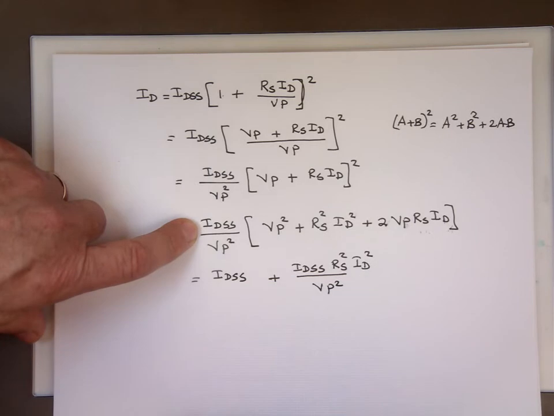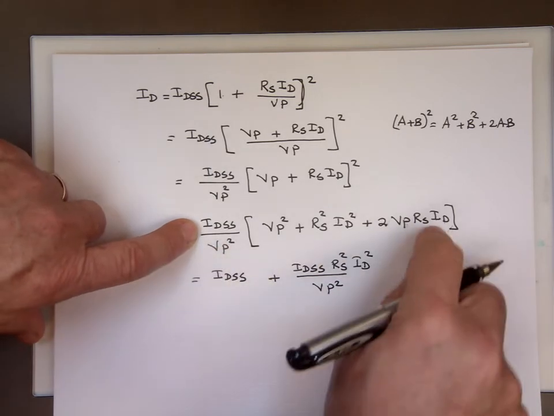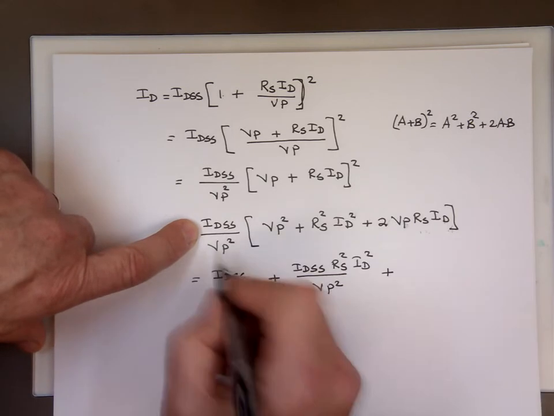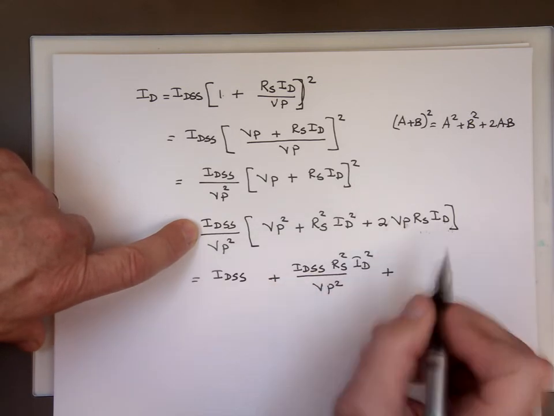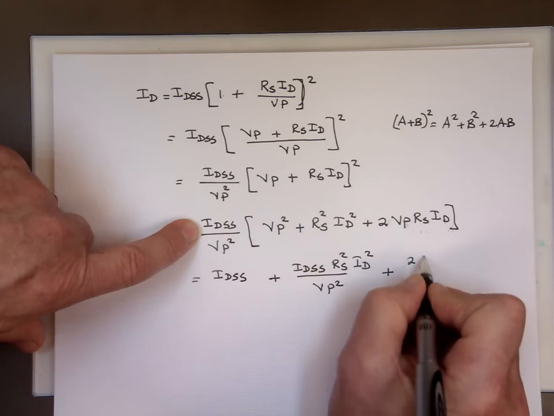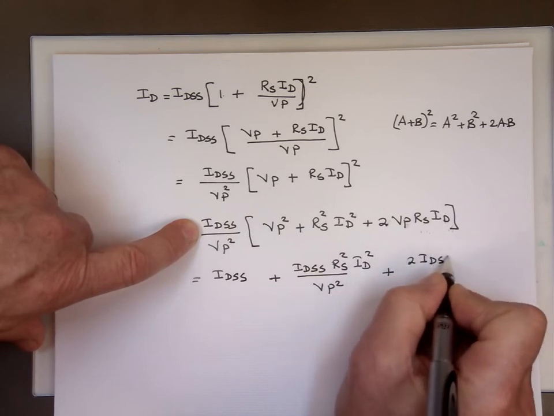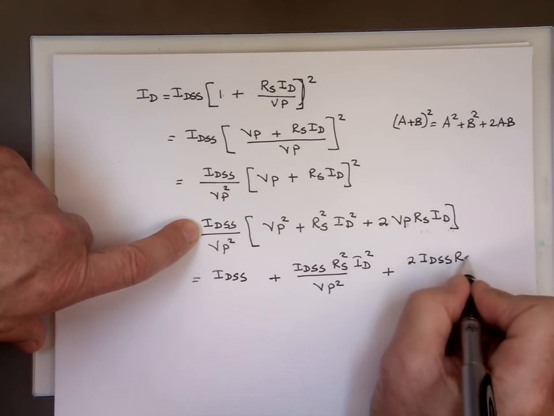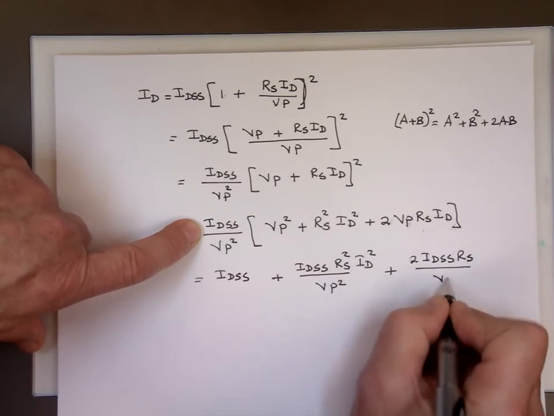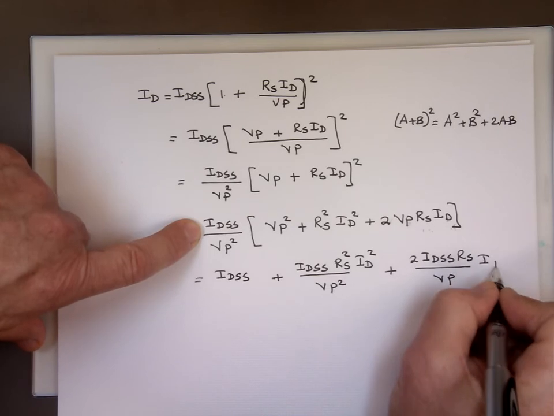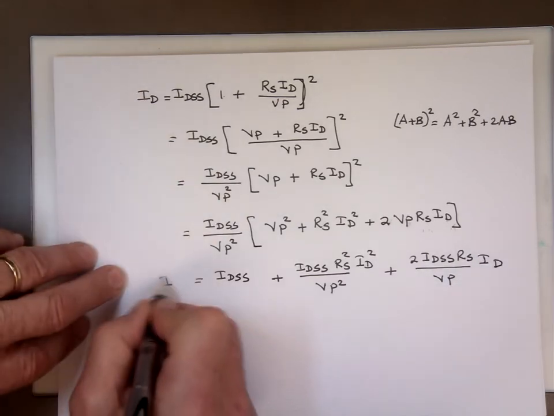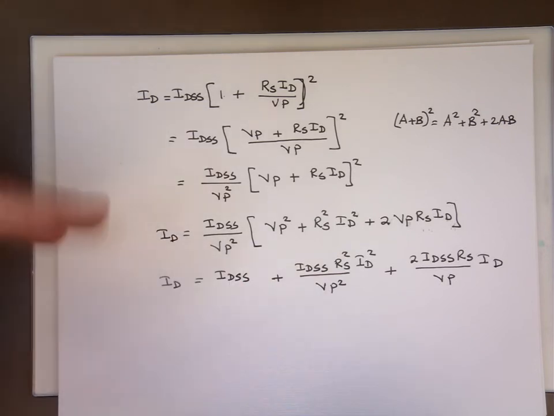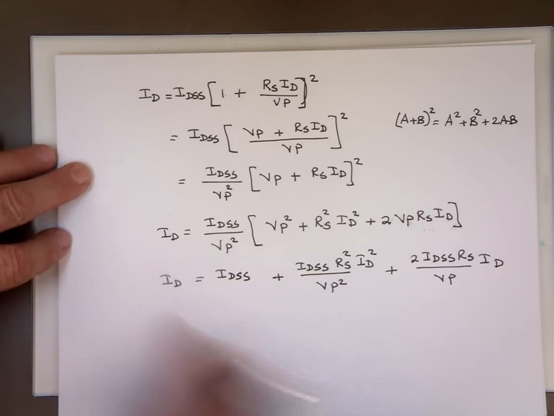And if you multiply this by this, one of the VPs will cancel. It'll be what? 2 times I sub DSS times RS over VP I sub D equals I sub D. Now I'm looking for I sub D. That means I can't leave it here. I got to move it to that side and make it a 0 here.